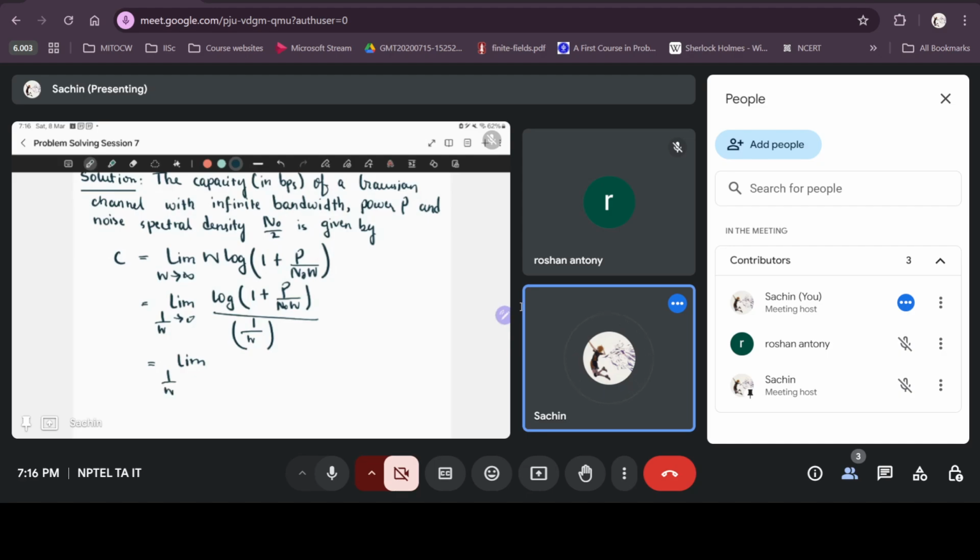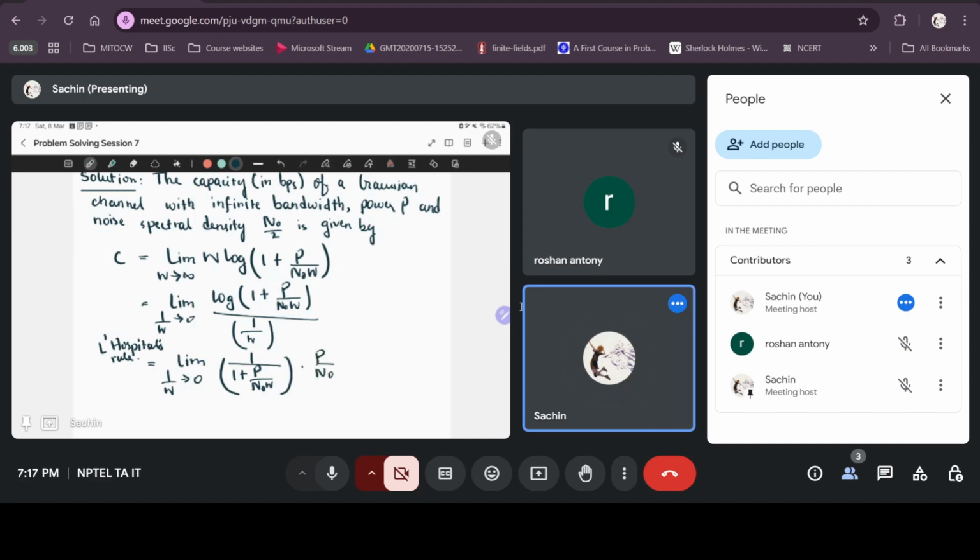If you differentiate with respect to x, you get 1 over 1 plus P over N0 W into, by chain rule, the derivative of the thing inside, which is P over N0.